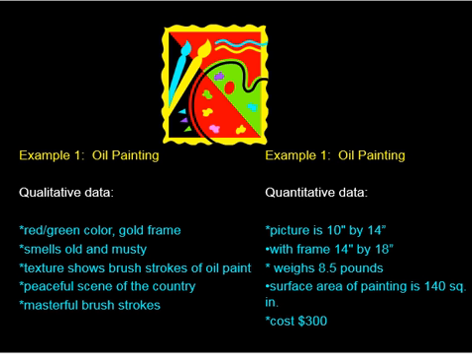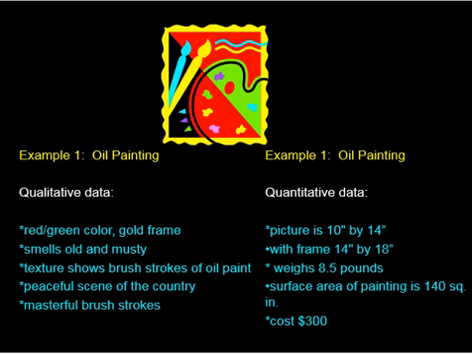Here's a few examples. In oil painting, you can collect quote-unquote qualitative data about this oil painting. Its color, basically it's red and green, gold frame. The smell, the texture, if you look at, for example, some of the old masters, the texture of the color, you could actually see the very broad brushstrokes describing the scene, or basically different qualities you can describe.